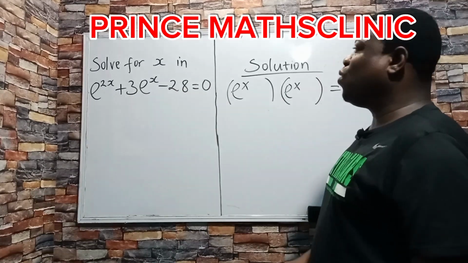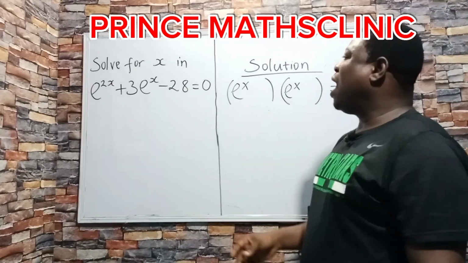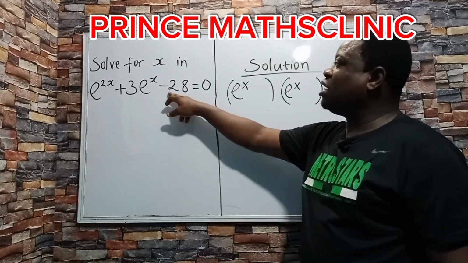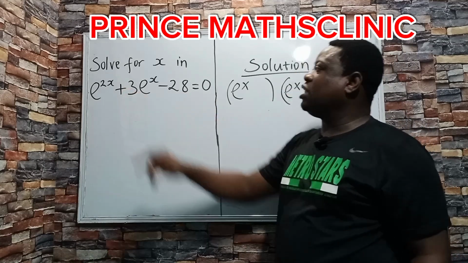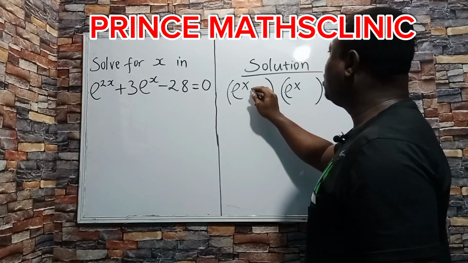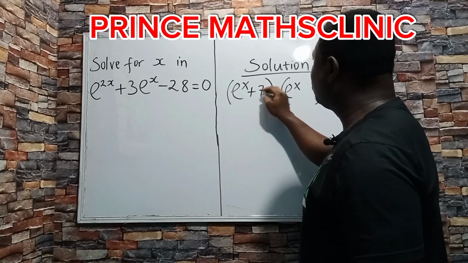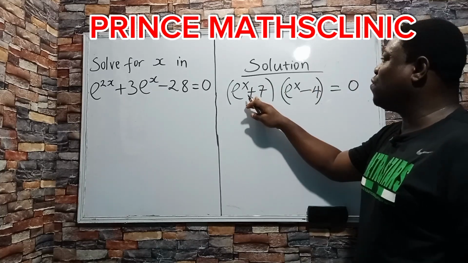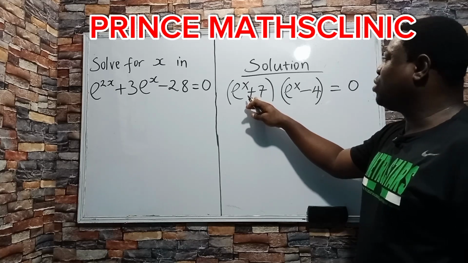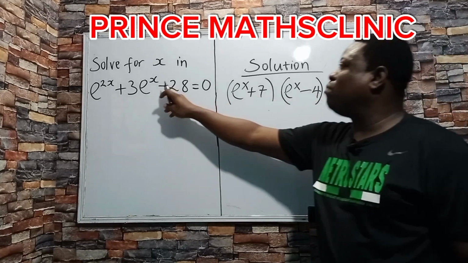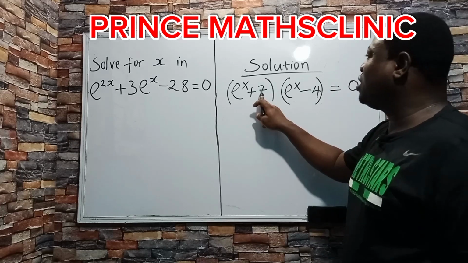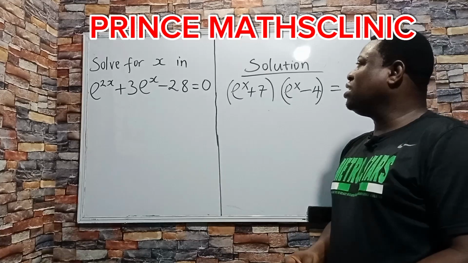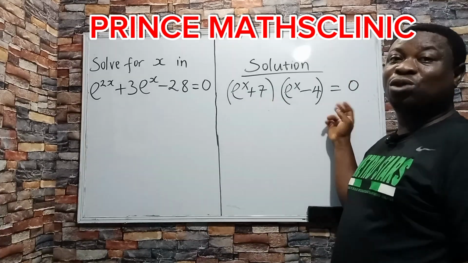Those values are simply plus 7 and minus 4, such that positive 7 times minus 4 gives minus 28, and 7 minus 4 gives 3.